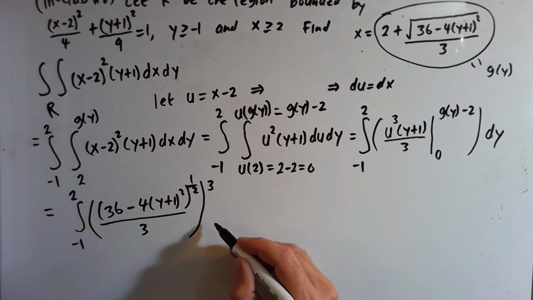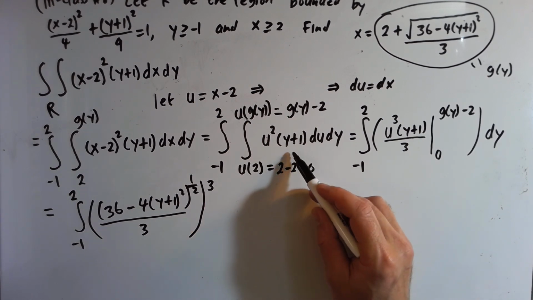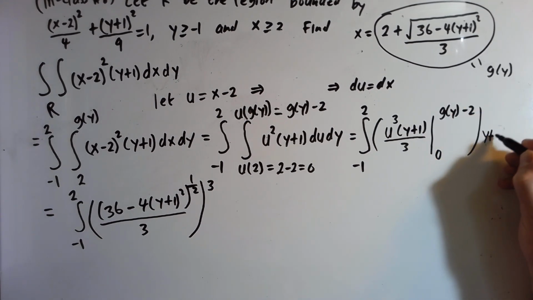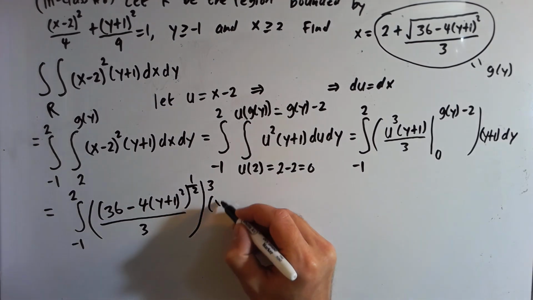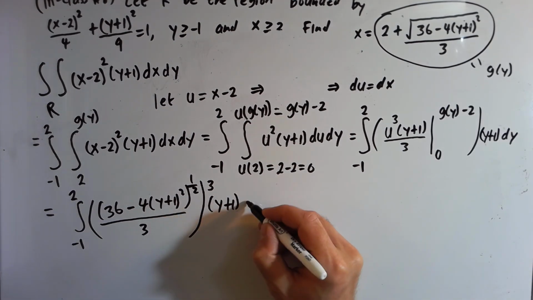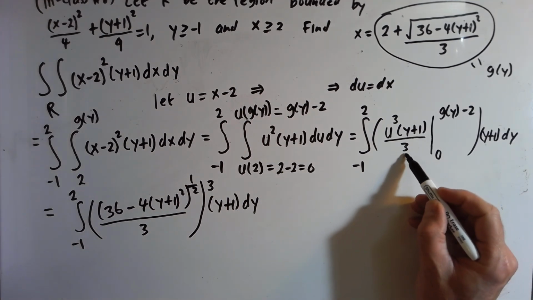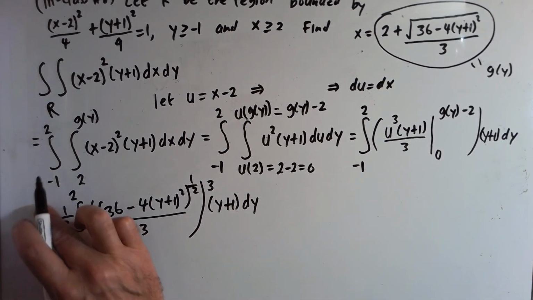Hold on a second, I lost a y plus 1 here. Sorry, I lost my y plus 1. So it'll be times (y plus 1) dy. Sorry, also I lost that 3 also. That should be, let's put it in front over here. I forgot it. It goes there.